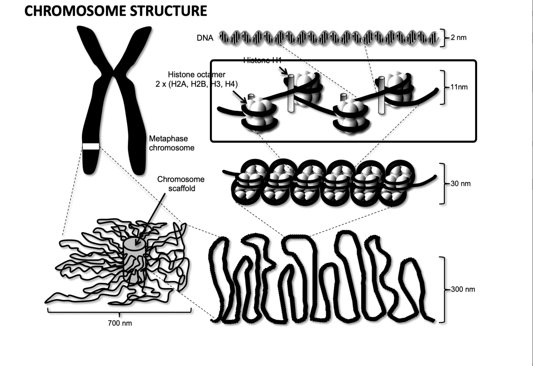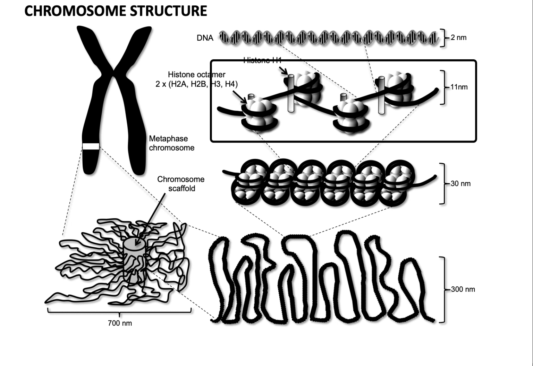And then if you take out histone 1, then you can stretch that out further. And when you look at this structure, it's been called beads on a string. So it looks like little beads with strings holding it together. And about 140 nucleotides are wrapped around each histone.